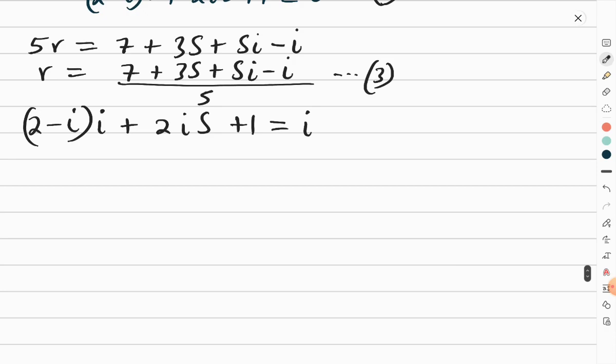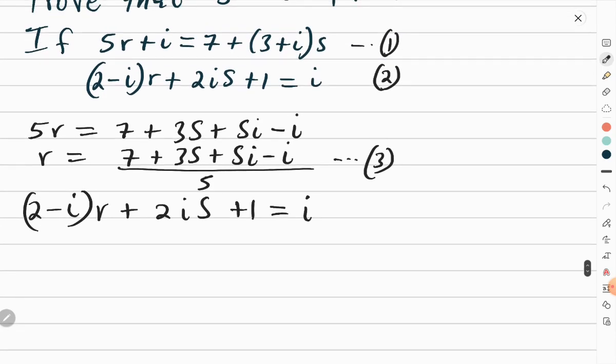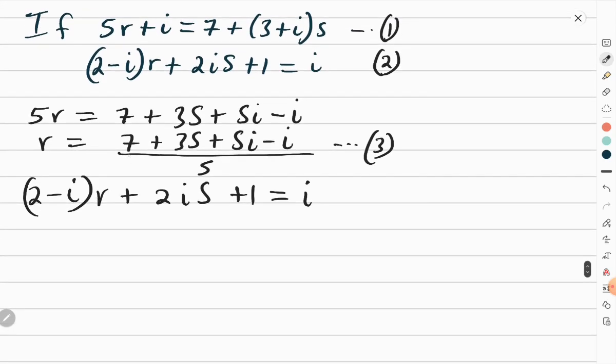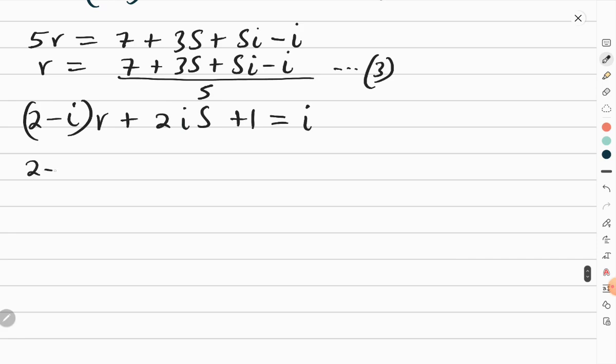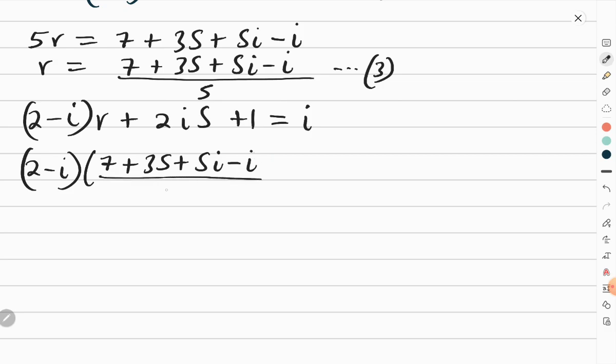Now, having this one, we can see that, all right, this is r. Remember, we're just dropping this one down. So in the place of r, we're going to put what is found on equation number 3. So we have 2 minus i, then in the place of r over here, we're going to put this stuff. Okay, now what are we having? We have 7 plus 3s plus si minus i, all divided by 7.